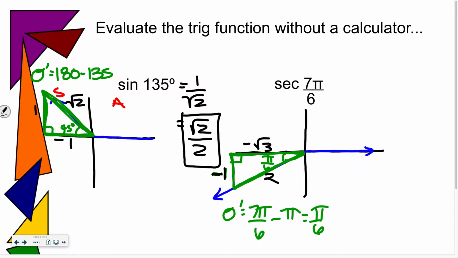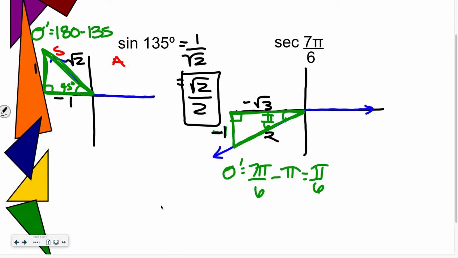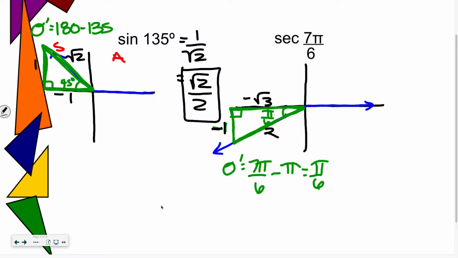So if you're calculating secant, what's your ratio for secant? R over x. So then I'm going to do 2 over negative square root 3. Rationalize it. That's negative 2 square root 3 over 3.